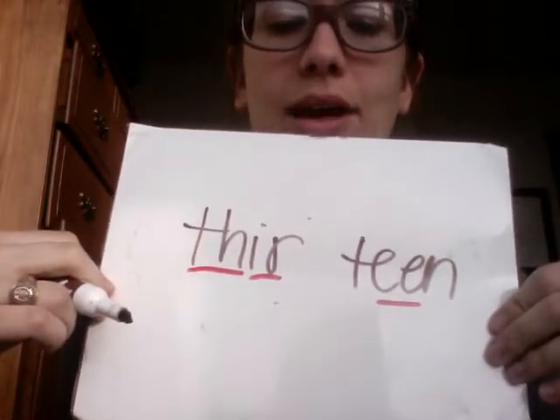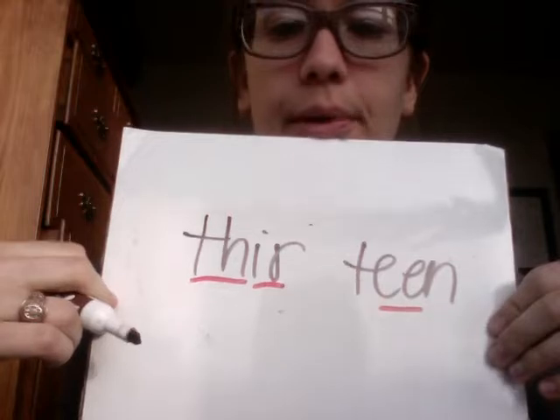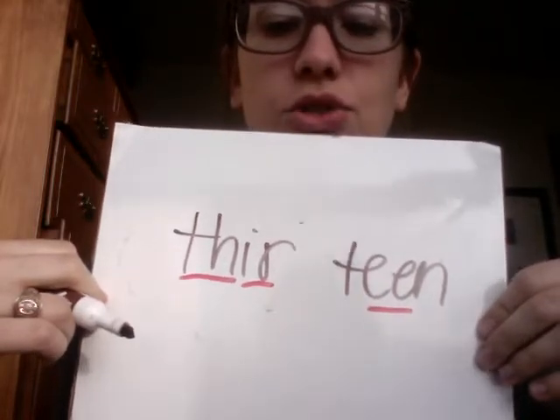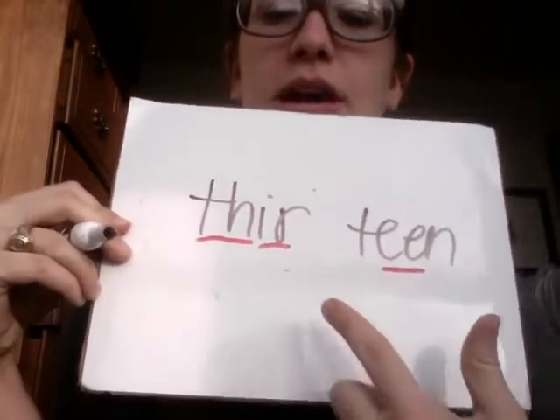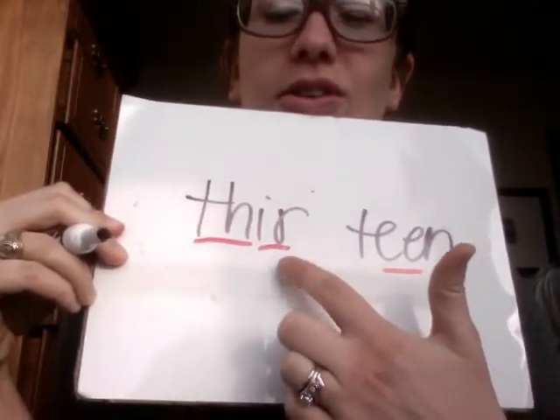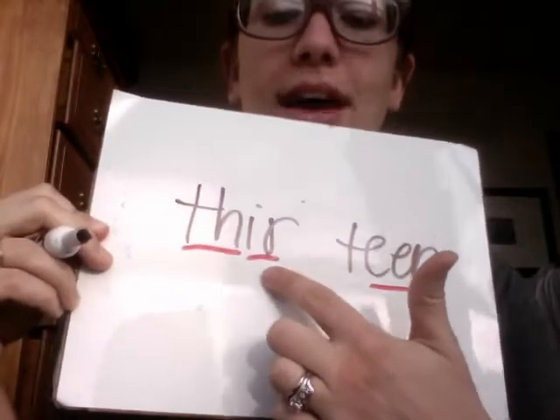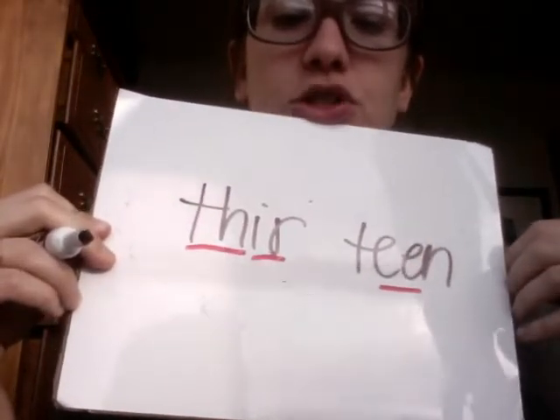T-H-I-R-T-E-E-N. We have some phonograms here, but no rules. And you should go ahead and add this to your ER page because you have a spelling of ER with IR. So add to your ER page.